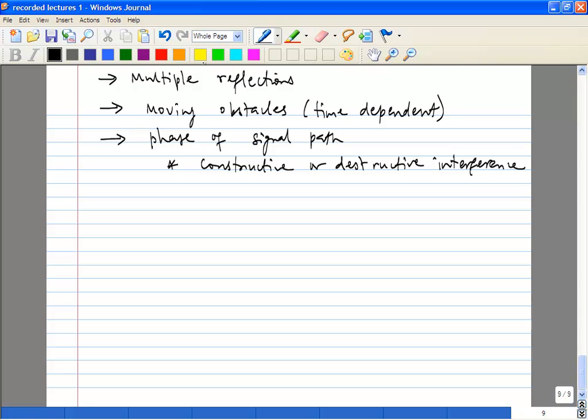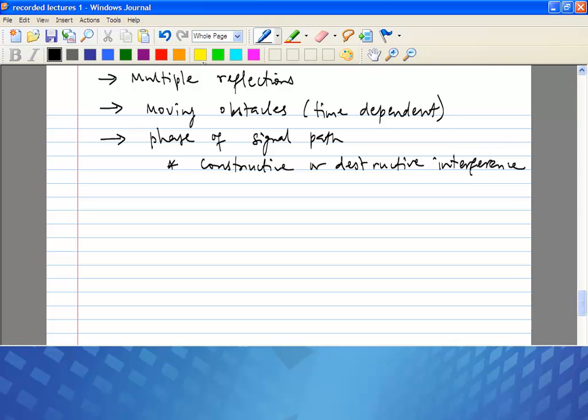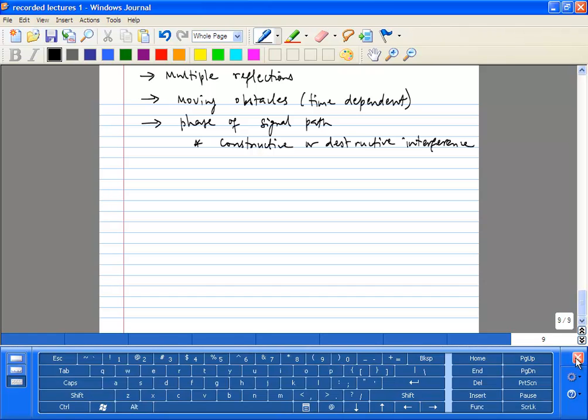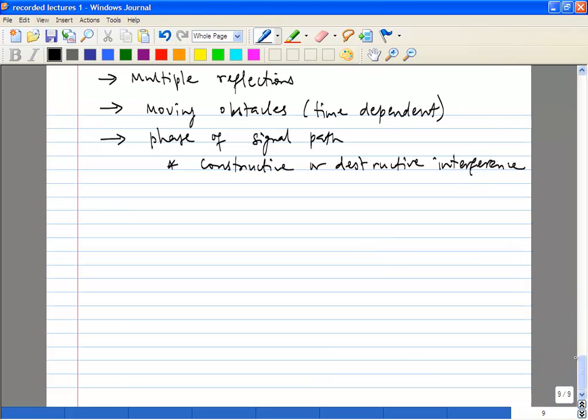So if you take into account all of these, you get a phenomenon called multipath fading.